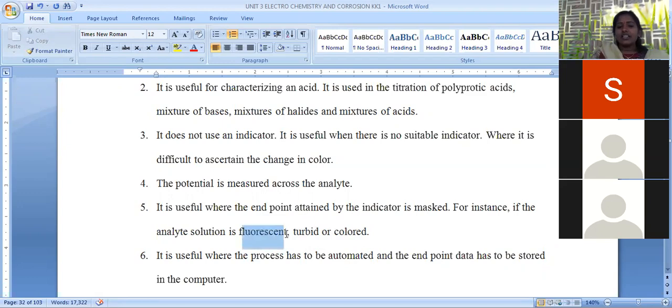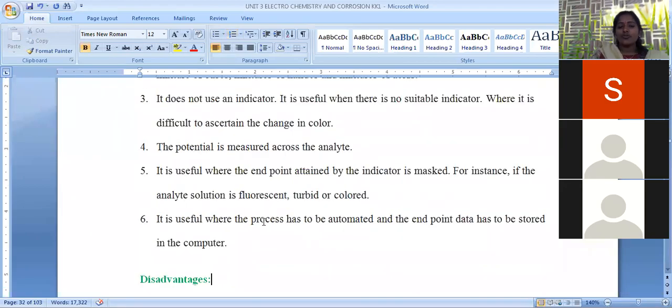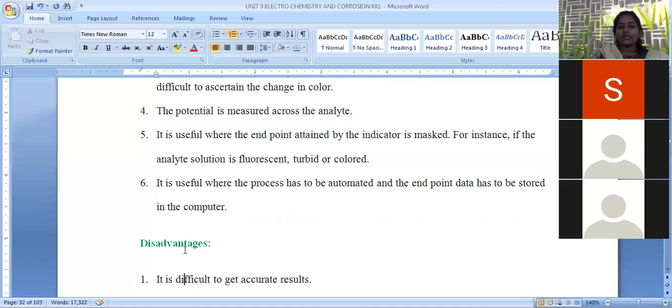Such kinds of materials may not be determined by normal titration. Even if any turbidity is present, it is not possible to identify the exact color change, and dark colored solutions can't be identified by using the normal titration process. And automated determination of the endpoint is possible. So it is a highly accurate method.